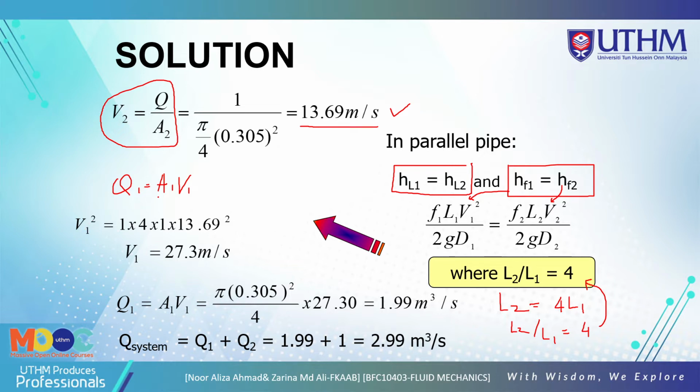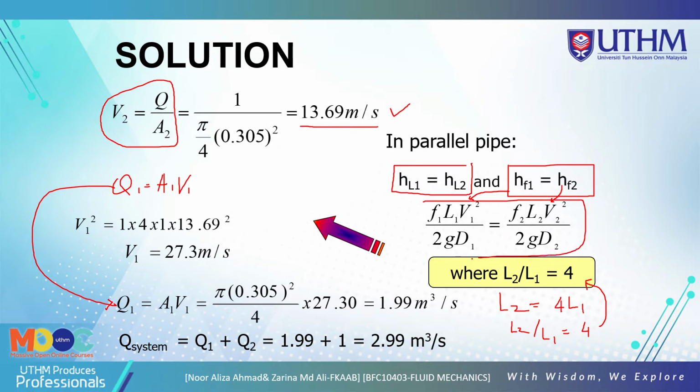So V1 squared, you get the value here, 2GD here, until you get this one. This V1 squared is based on this formula, which is from Q1 and V1.